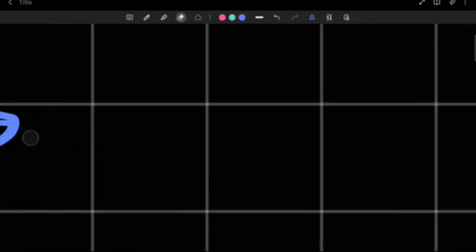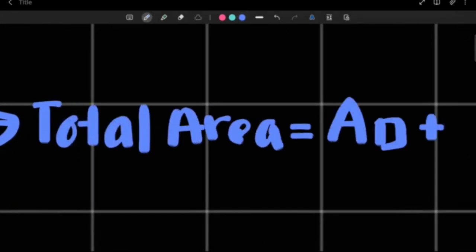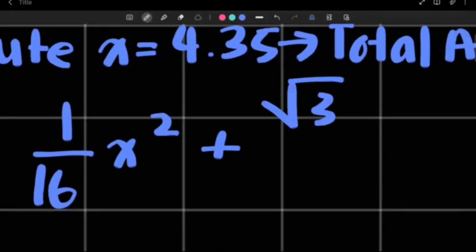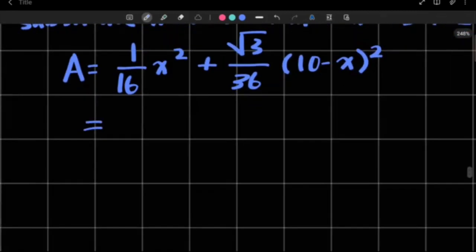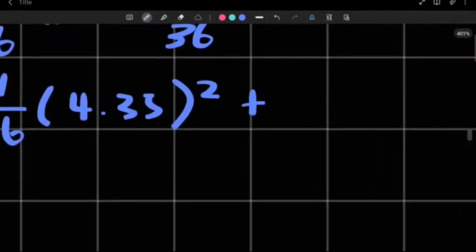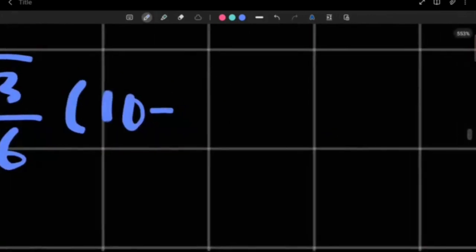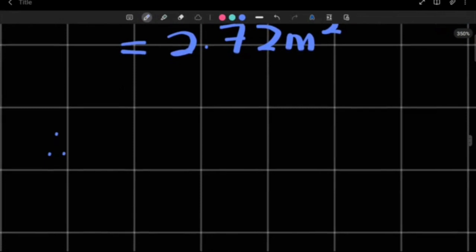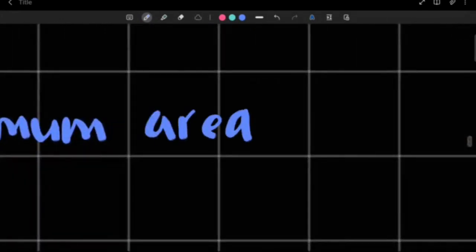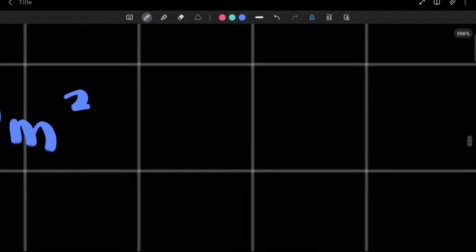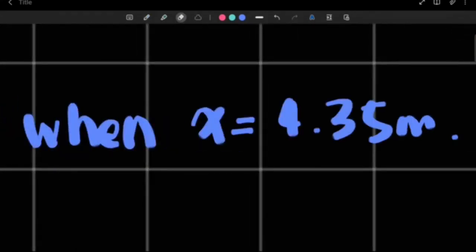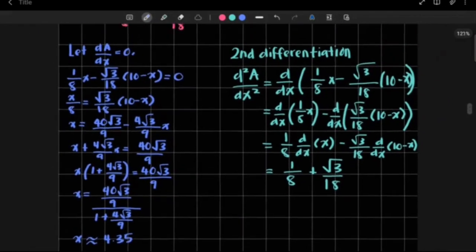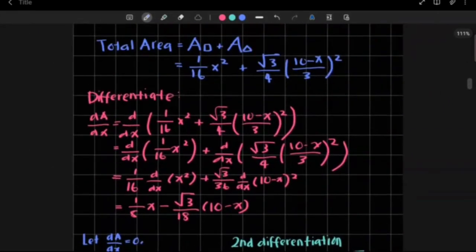We only use the second differentiation to show whether it is a minimum or maximum value. After that, we are going to substitute the value of 4.35 into the total area, and we are going to obtain the final answer, which is 2.72 meters squared. From this, we can conclude that the minimum area is 2.72 meters squared when x is equal to 4.35 meters.